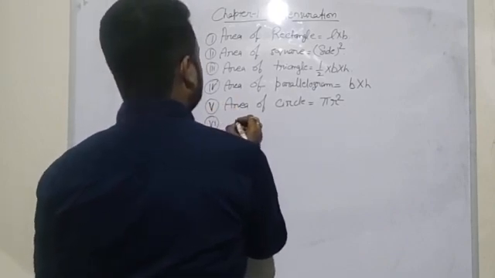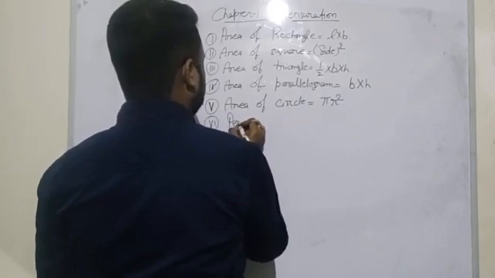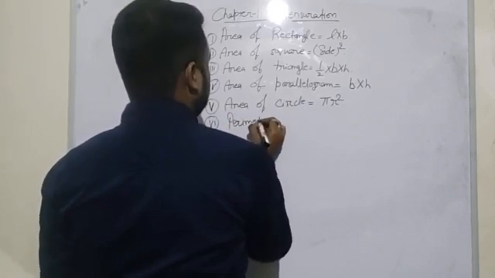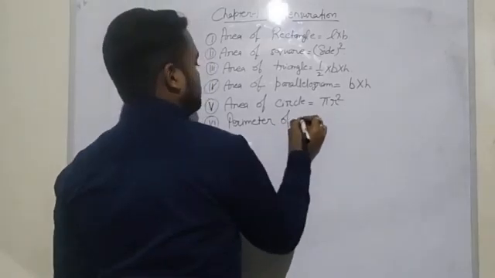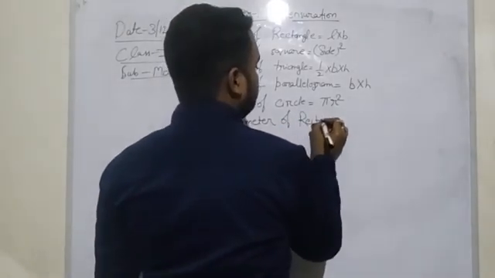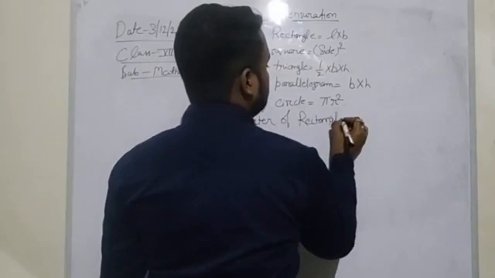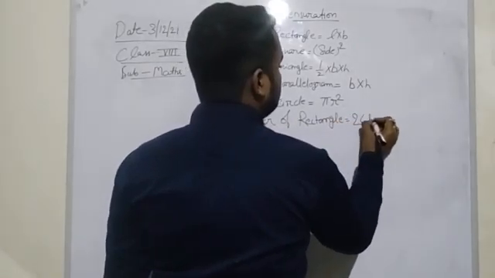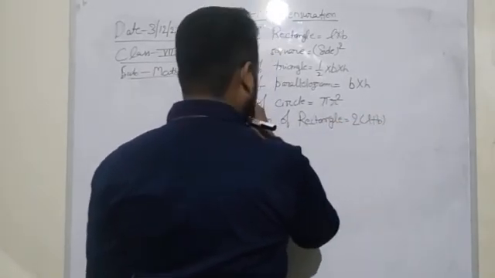Then we will talk about perimeter. Perimeter of rectangle is 2 into length plus breadth.